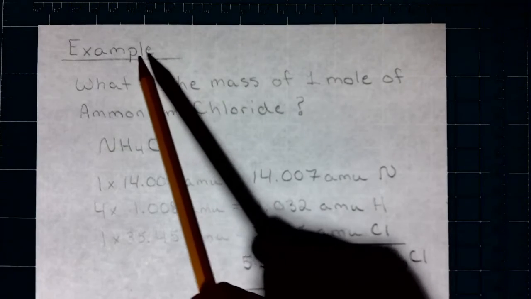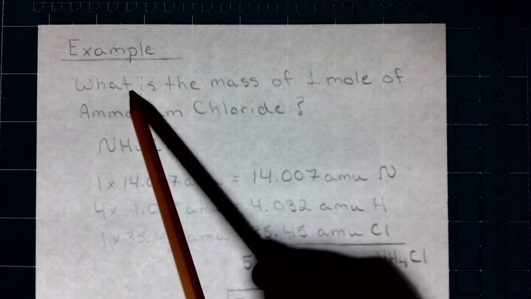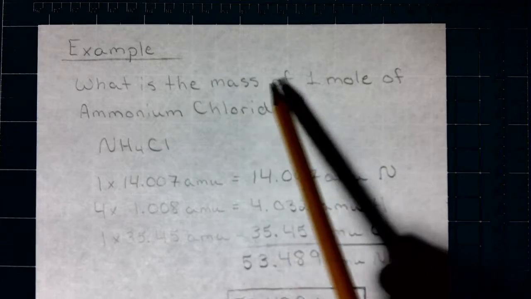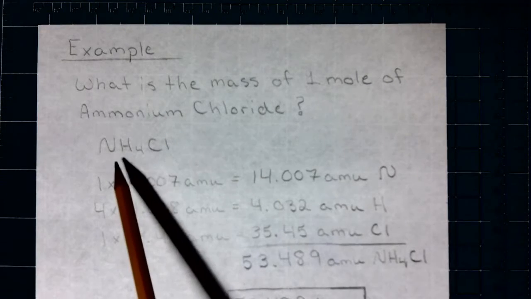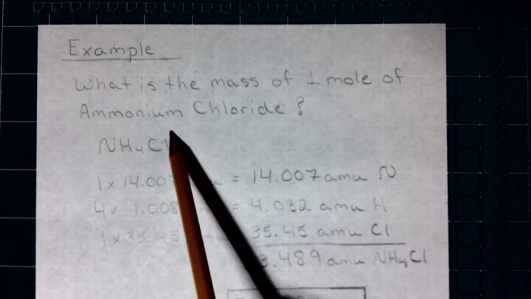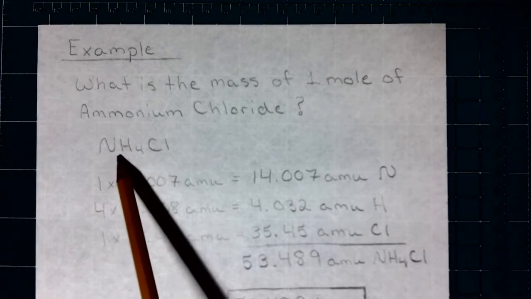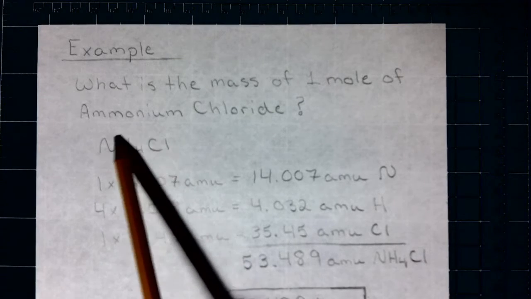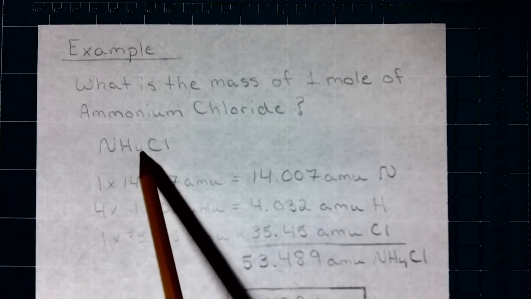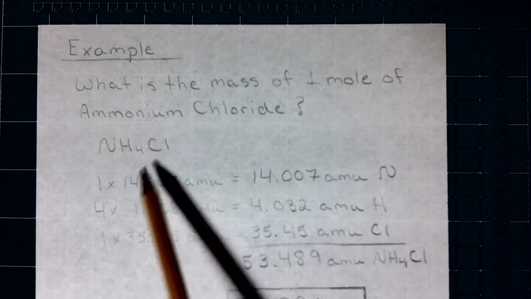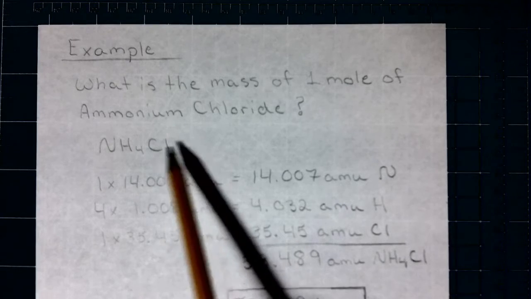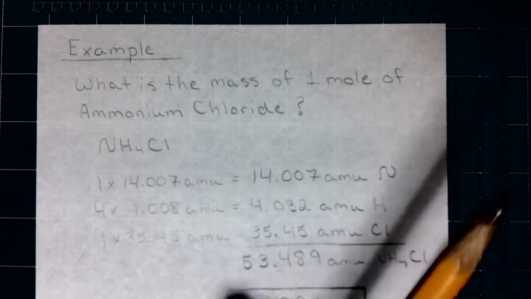Let's look at this other example. Here we have: what is the mass of 1 mole of ammonium chloride? I've drawn out here the formula for ammonium chloride. We have ammonium, one of our polyatomics, NH4, which has a positive charge on it. And then we have our chlorine atom here, which is going to have a -1 charge on it. This is like an ionic type compound.